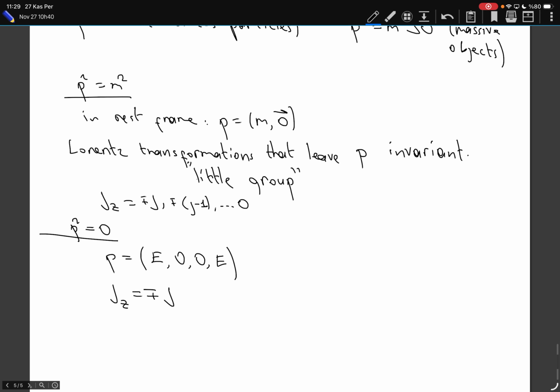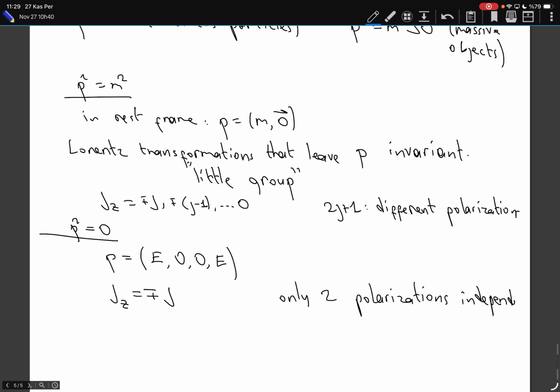J can also be 1/2. J is the total angular momentum, the spin of my particle. Massive particles have all these polarizations, 2J plus 1 different polarizations. But the massless particle only has 2 polarizations, independent of total spin.